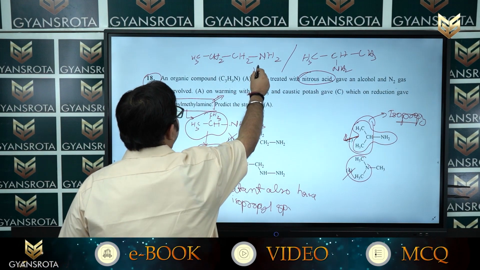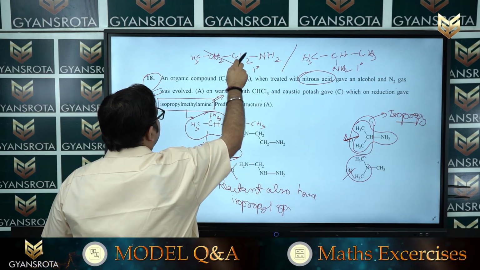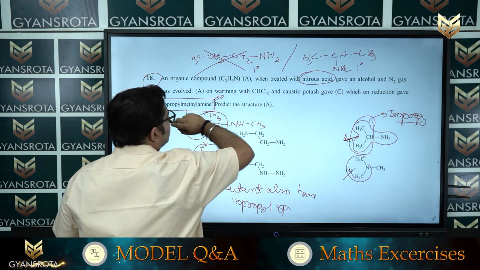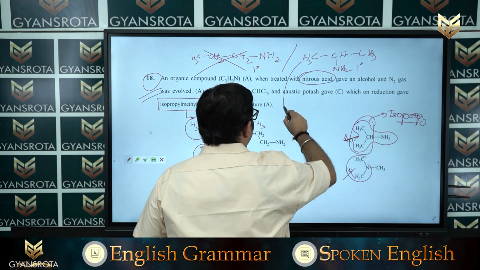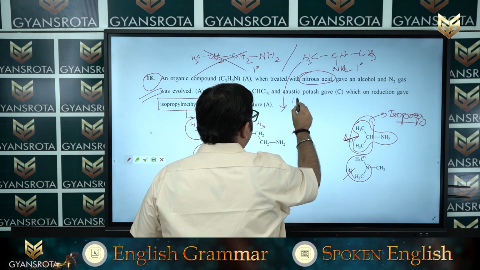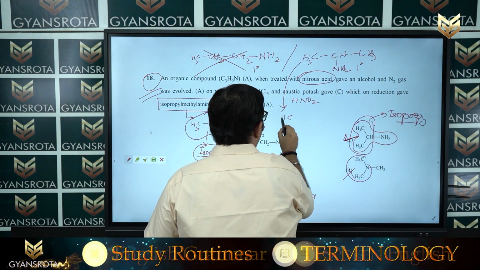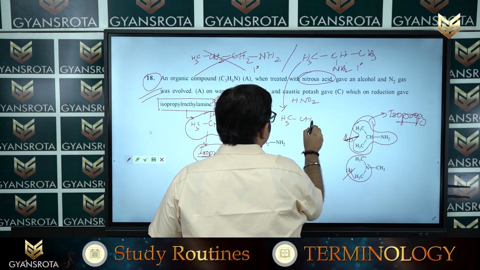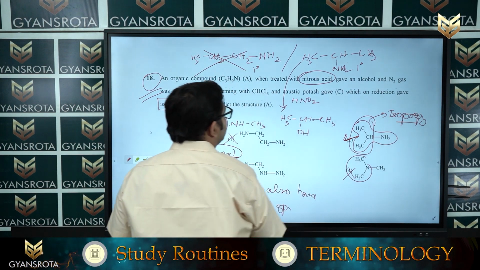This is also a primary amine and this is also a primary amine, but this does not have an isopropyl group, so it is not possible. So, we have to take this one. Now, when this one reacts with HNO2, that is your nitrous acid, it will give you an alcohol, and your alcohol is this one.